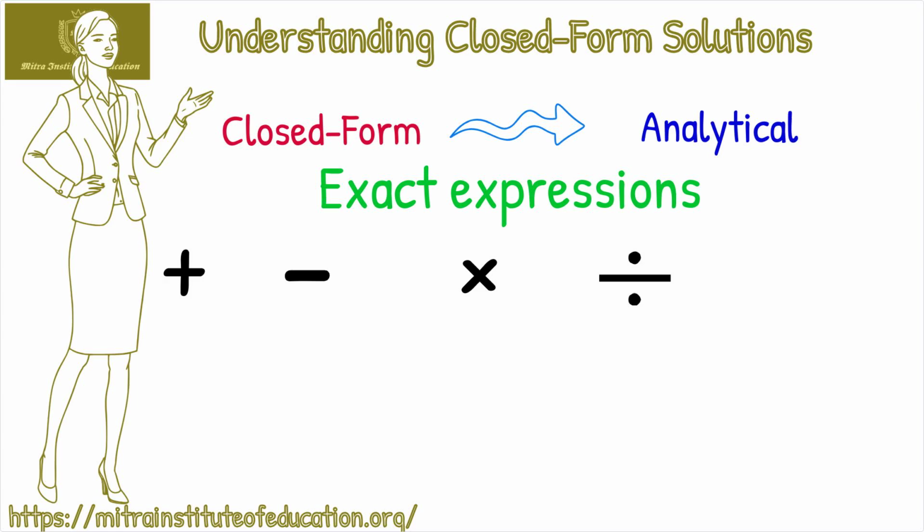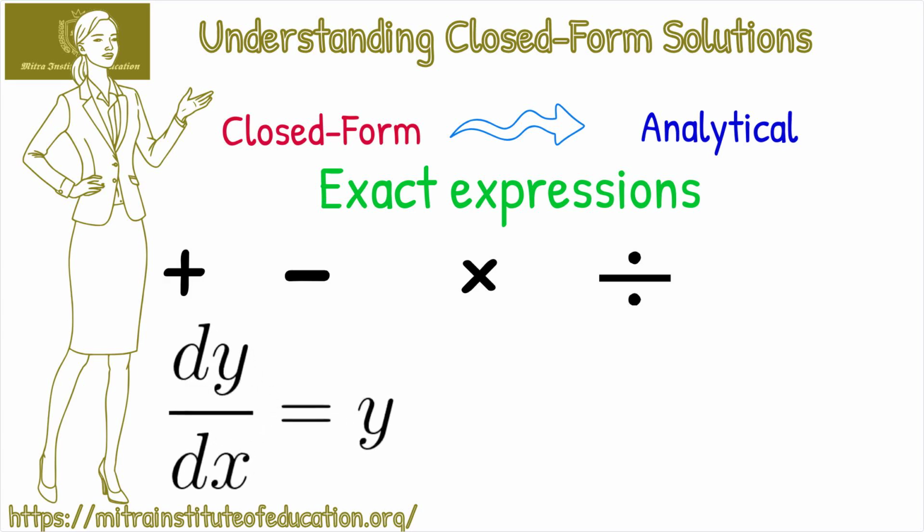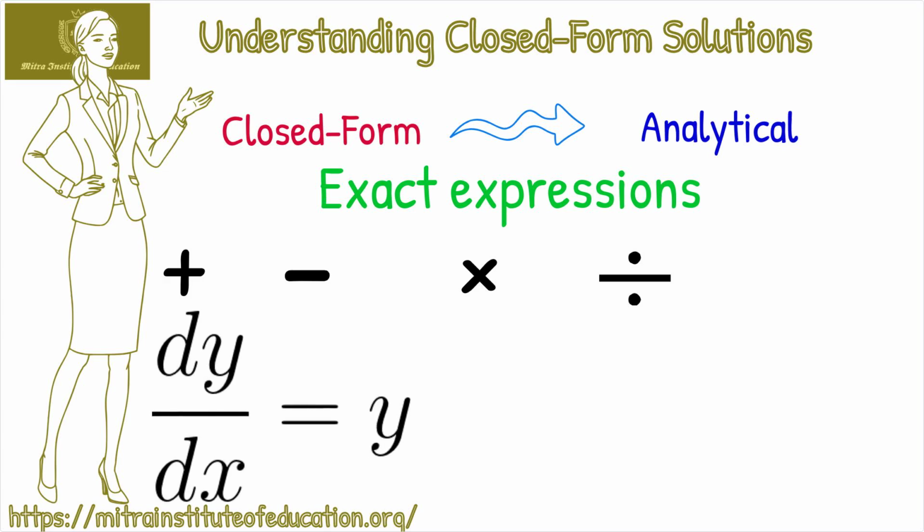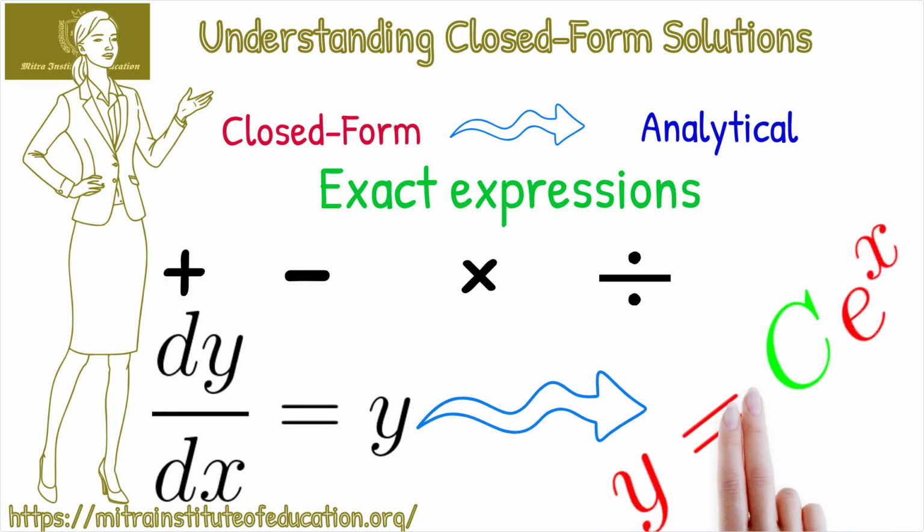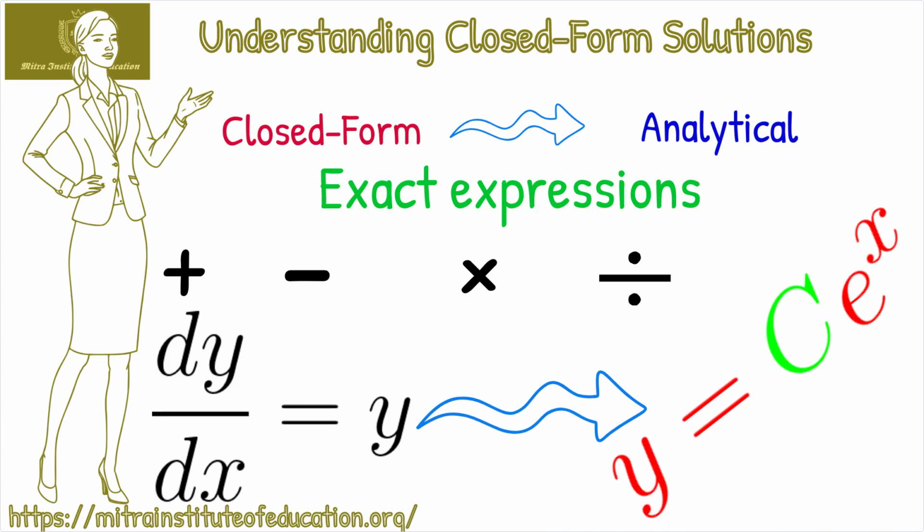These solutions are written in terms of well-known functions and constants, giving us clear, precise expressions for the variable we are interested in. For example, let's look at the differential equation dy over dx equals y. The closed-form solution to this equation is y equals c times e raised to the power of x. Here, c is an arbitrary constant.